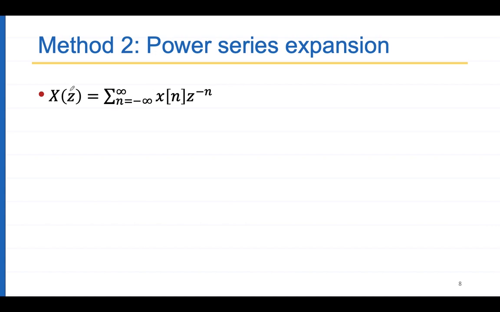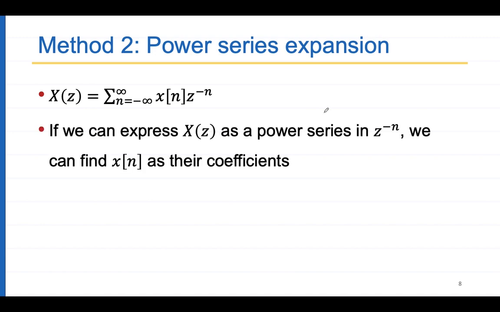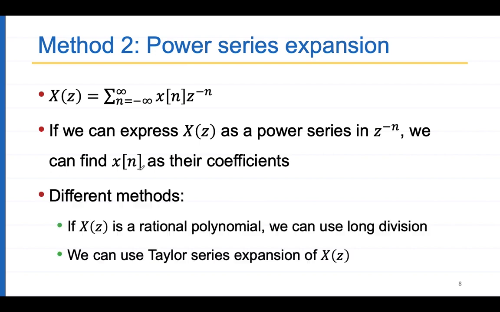If I can expand X(z) in terms of z to the power minus n, and compare the coefficients on the two sides, then very easily I can find out x[n], right? If we can express X(z) as a power series in z to the power minus n, then we can find x[n] as their coefficients, right?